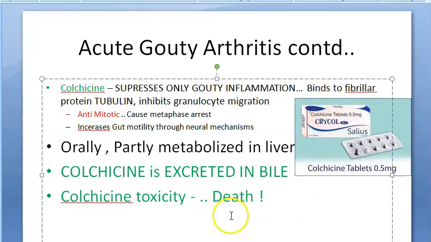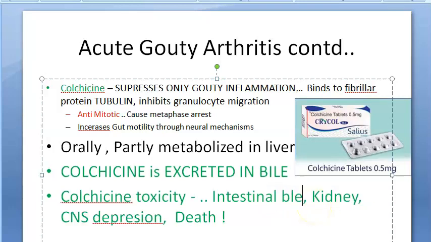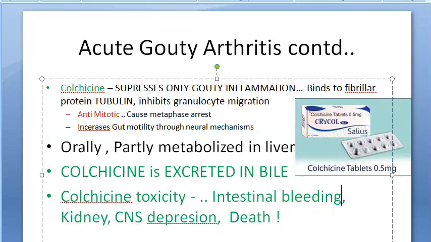So the intestine is affected, kidney is affected, CNS depression, intestinal bleeding, respiratory failure, muscular paralysis, and respiratory failure can lead to death.